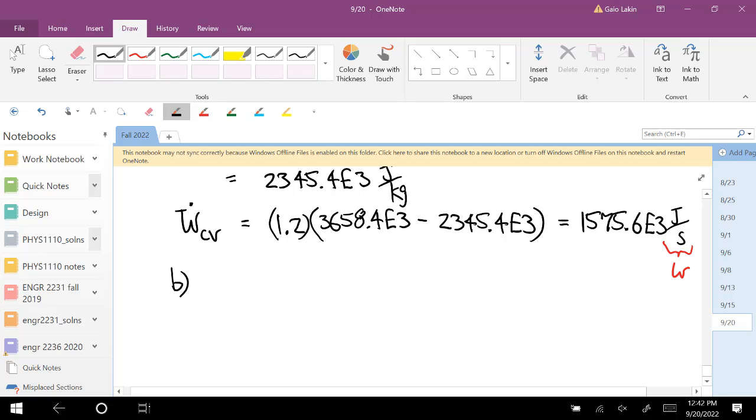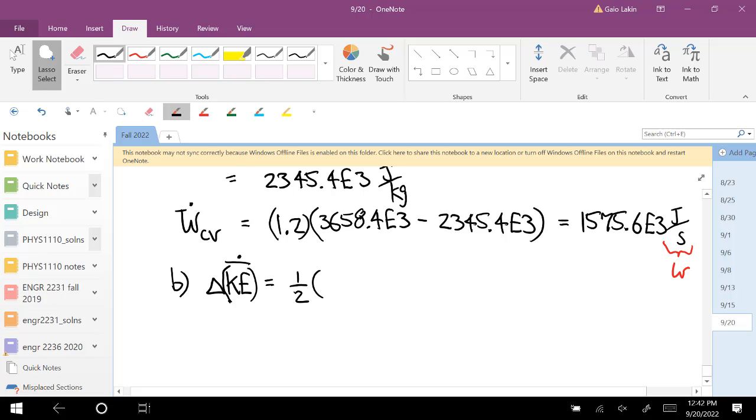So the change in kinetic energy is 1/2. And this is actually a rate of kinetic energy, so you can think of it like this, a change in the kinetic energy rate.